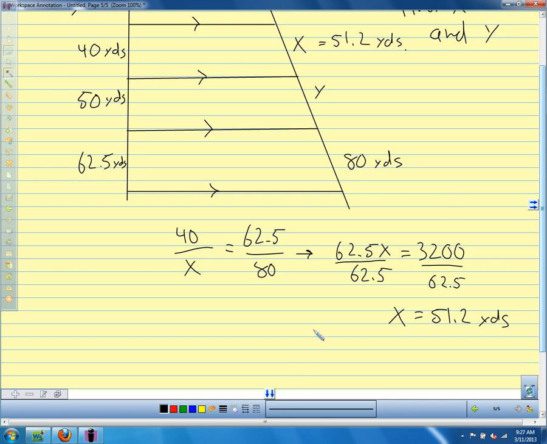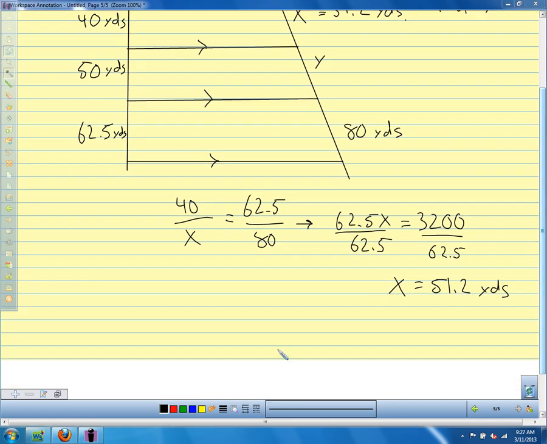And I can do the problem exactly the same way for y. So what's going to be the proportion that I want to set up for y? What do you think, Zoe? We're going to solve for y now. We can set it up the exact same way. What's going to be my ratio that has y? 50 over y equals the exact same thing, 62.5 over 80.